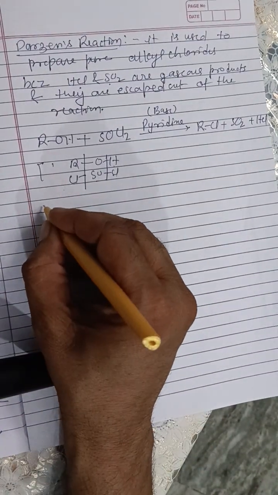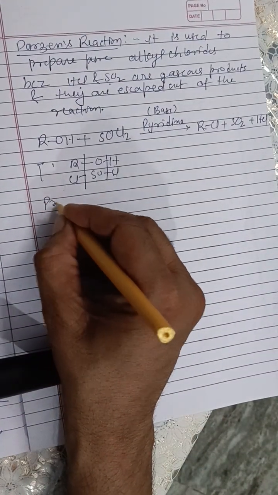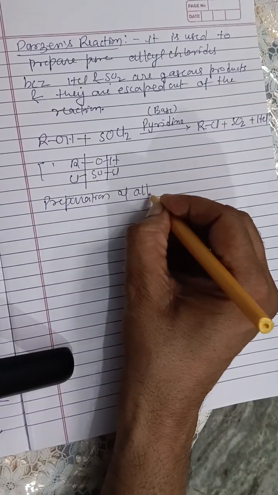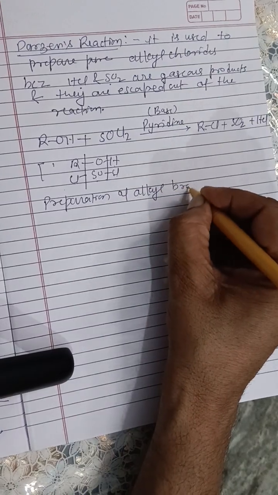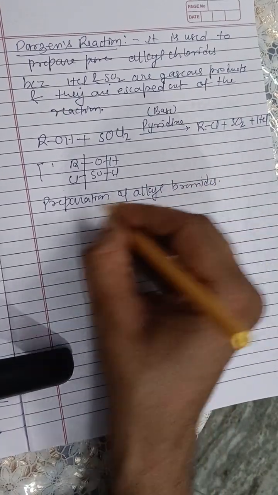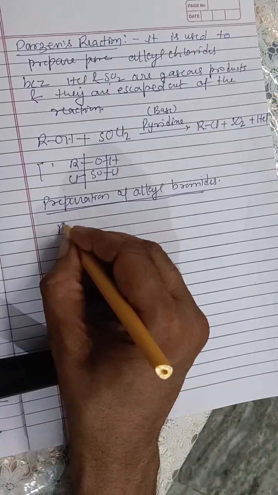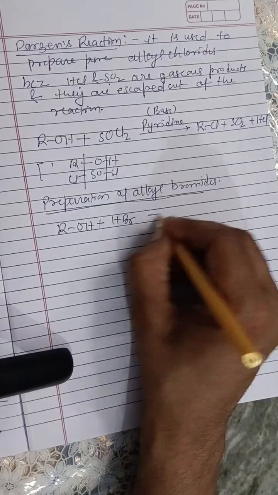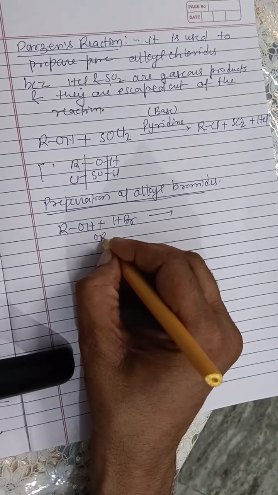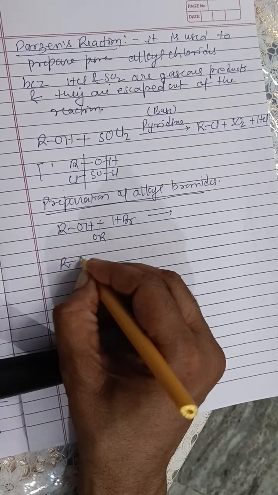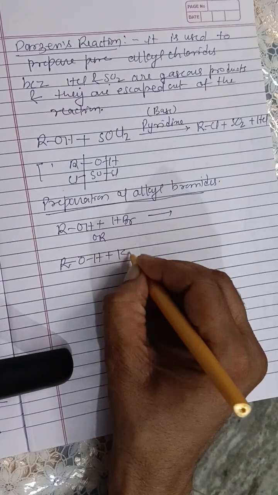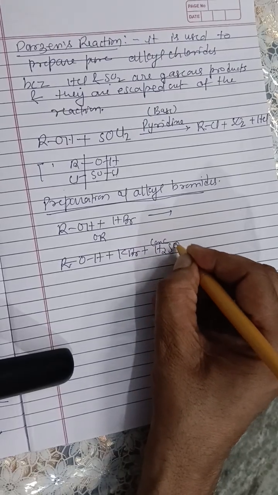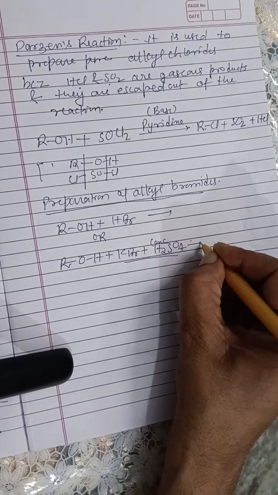Next will be preparation of alkyl bromides. Alcohol plus HBr or alcohol plus KBr and concentrated H2SO4. Both reactions are same.